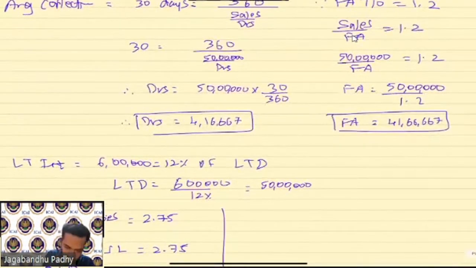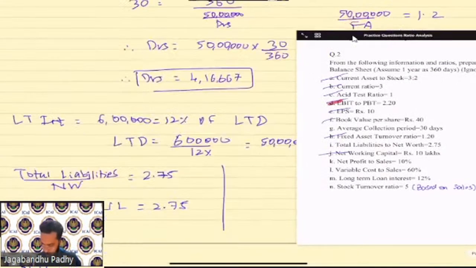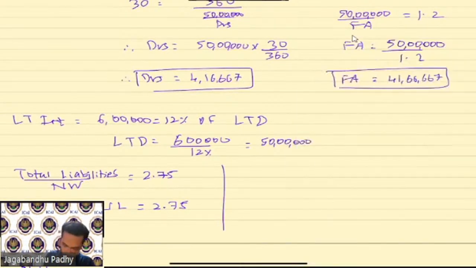So total liabilities to net worth is 2.75. So total liability should be net worth plus long-term debt plus current liability upon net worth.